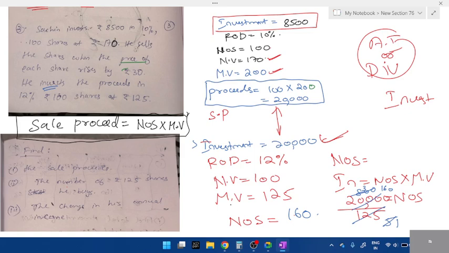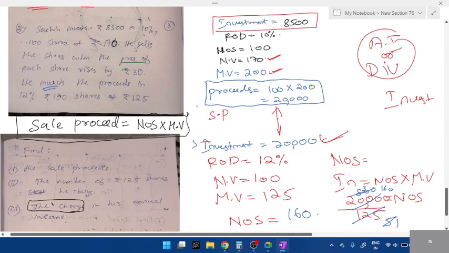All of you completed? What they've asked is the change in income. What do you mean by change? There are two companies, right? Invested in two companies. Find the annual income for both the companies. Annual income is also known as dividend.